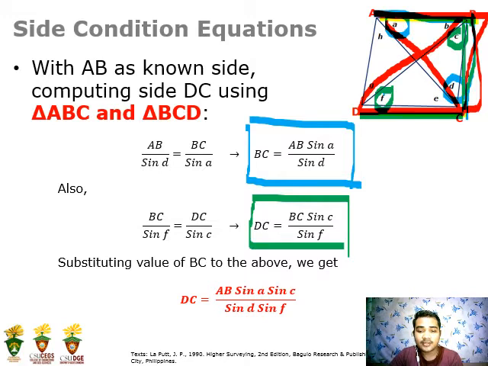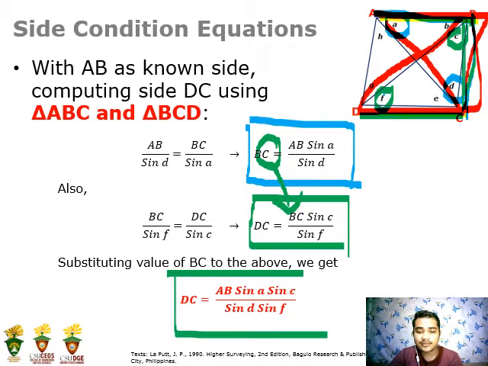We can have this formula: DC is equals to AB sine A sine C over sine B over sine F. So that is how to get the distance DC using the known side. Sine law lang siya, isa lang ni ka route atong gi-consider, which is BC as the common side.